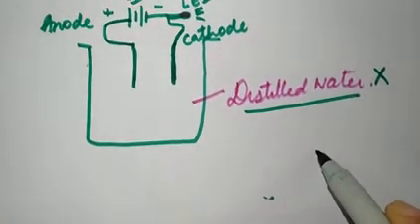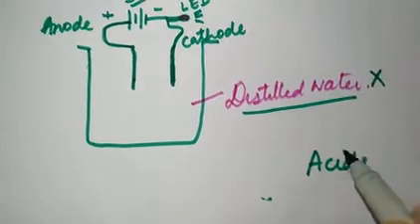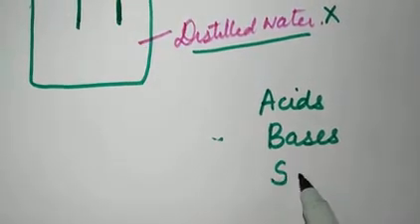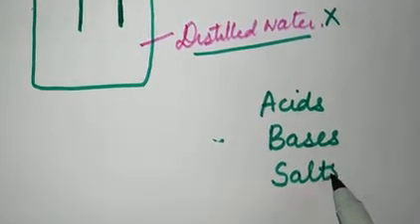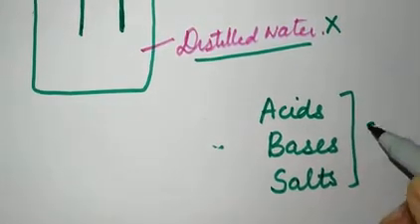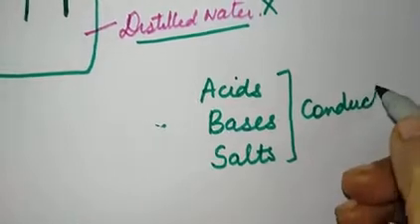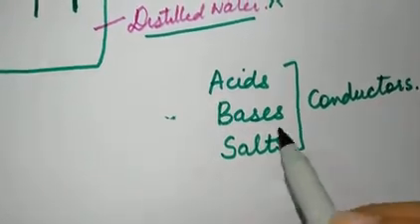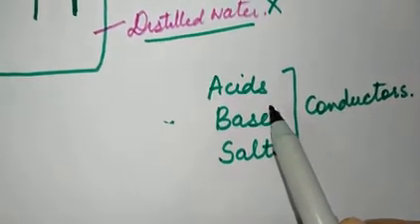Let me first tell you that acids, bases and salts are conductors. They conduct electricity because they can dissociate into their ions.